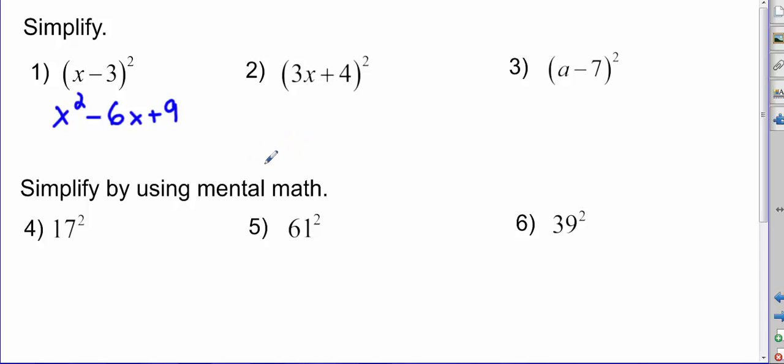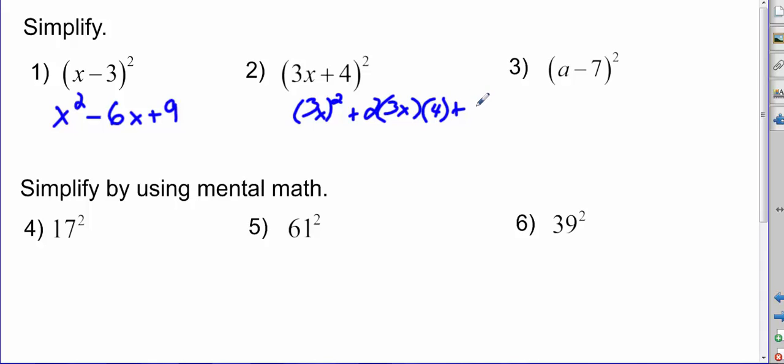On number two, we've got (3x + 4) squared. And so on that one, we're going to use our formula, and we're going to have 3x squared. We're going to add 2ab, so we've got 2 times 3x times 4.